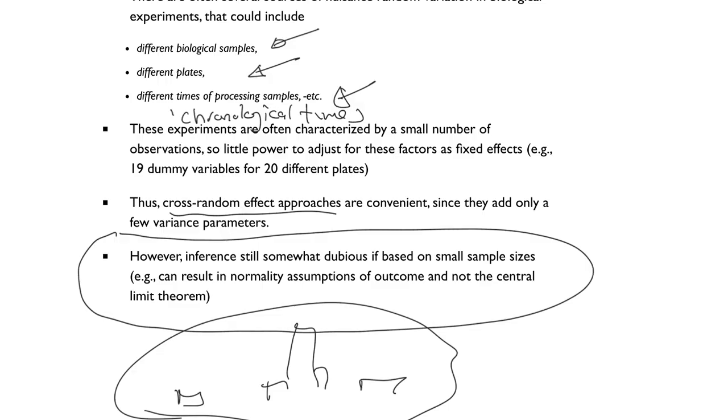So this is kind of a game that you'll see played, and you have to be careful. The other thing I'll mention, if you have truly crossed random effects, how do you get robust inference anymore? You don't. Think of the bootstrap. How do you do a bootstrap when you have no independent units anymore? Because if I fully cross, there are no independent units.